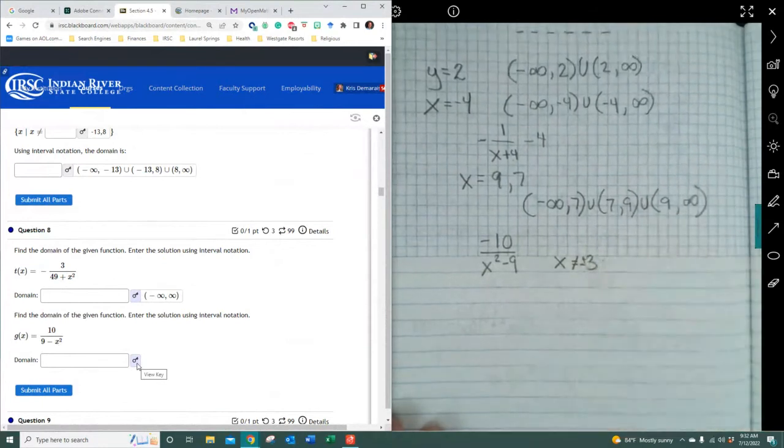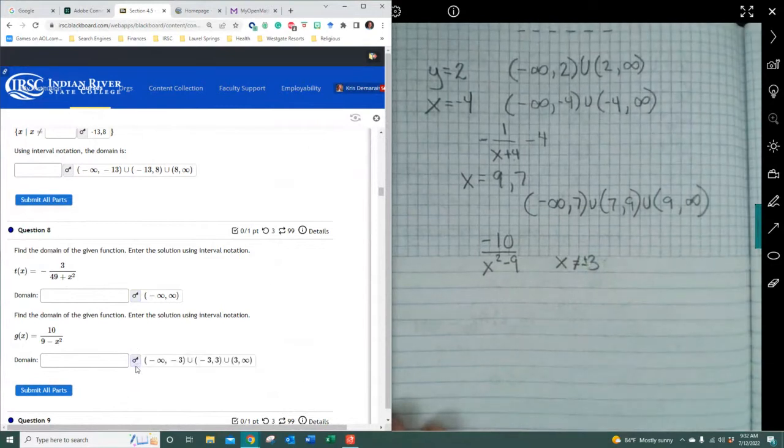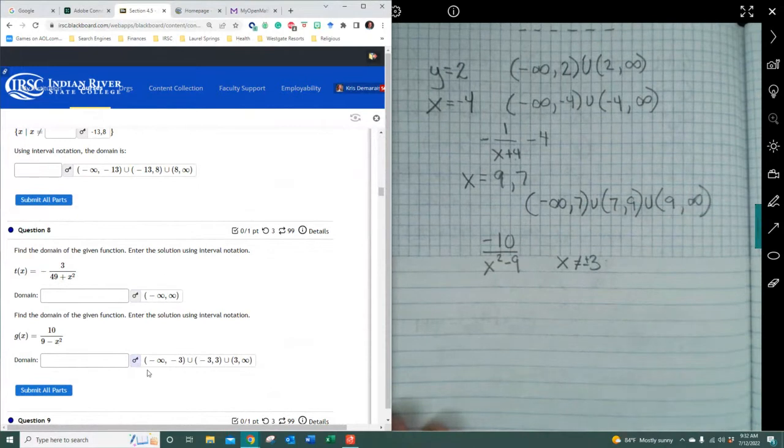I should say plus or negative 3, because you've got a difference of two squares. You should see that immediately when looking at it. If you can't, you don't know your factoring.